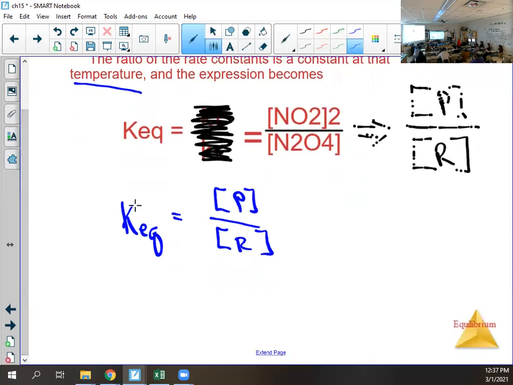KEQ, that means the equilibrium expression or the equilibrium constant, is products divided by reactants. KC is exactly the same. It's the concentration. That's what the C stands for, because you'll see it written as both for concentration.